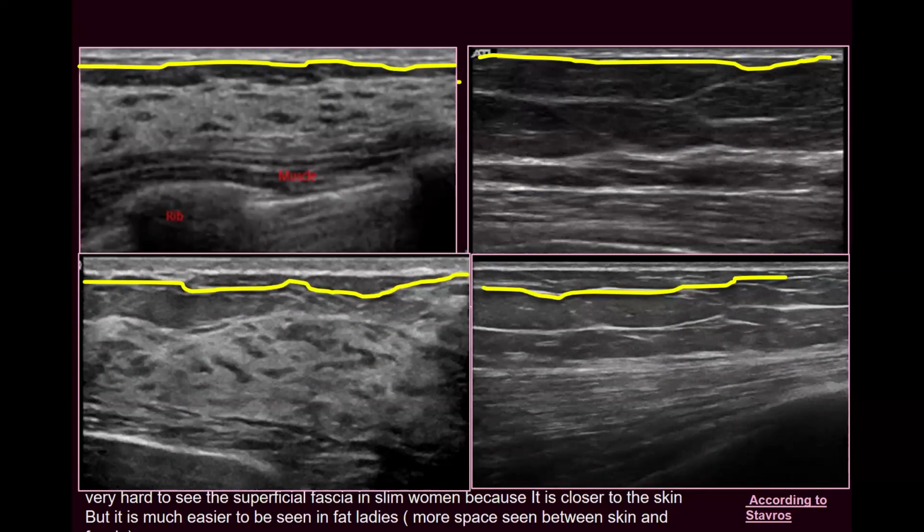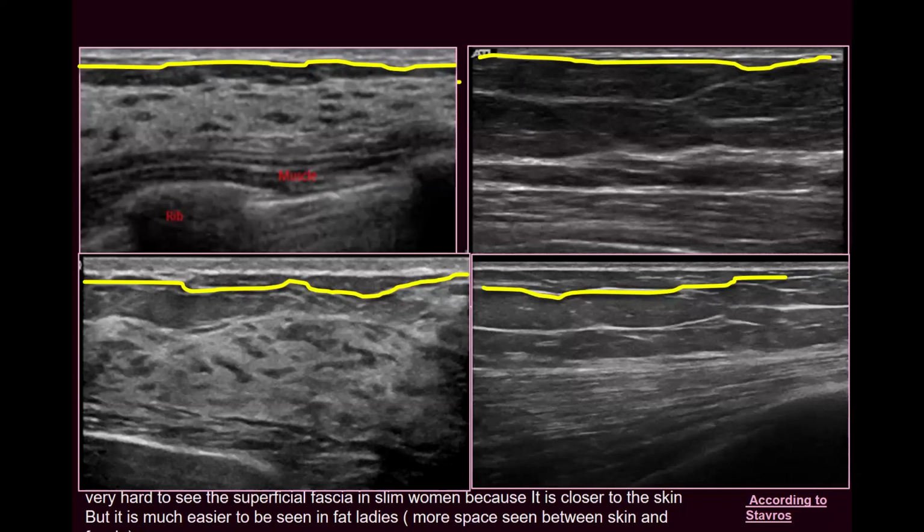What is the difference? Why in some individuals could we easily visualize the superficial fascia while in others it is difficult to perceive? In a slim woman, a skinny woman, there is no fat, it's difficult to visualize.